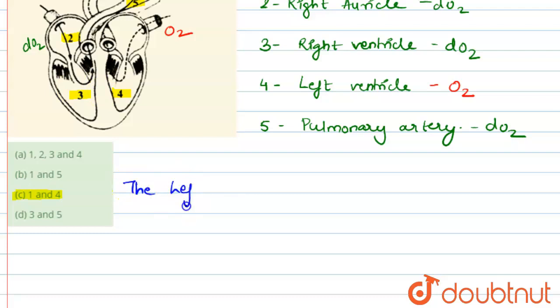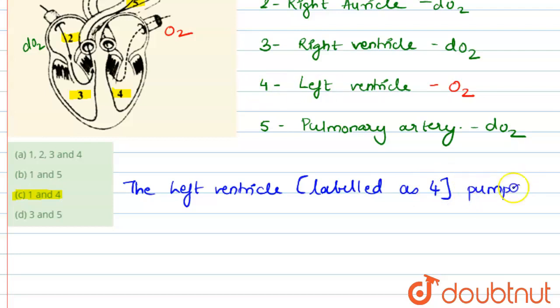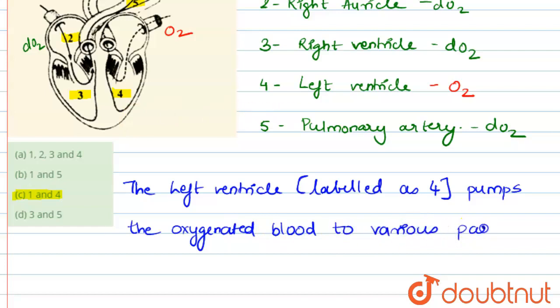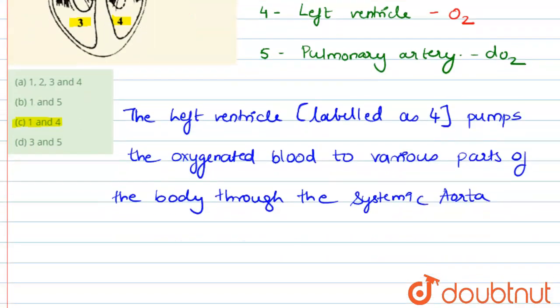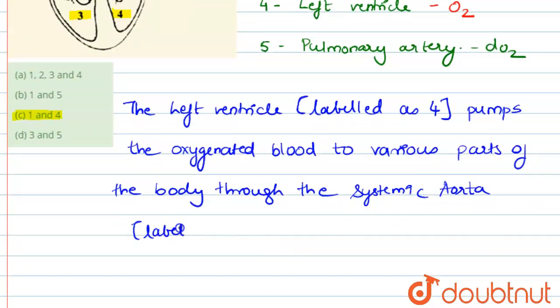The left ventricle, labeled as 4, pumps the oxygenated blood to various parts of the body through the systemic aorta, which is labeled as 1.